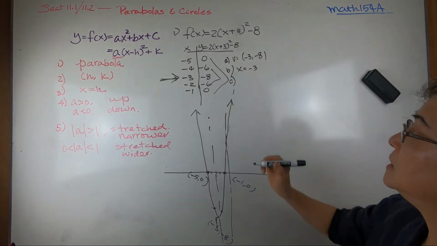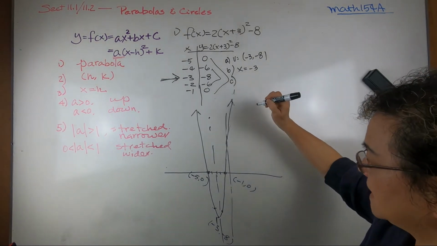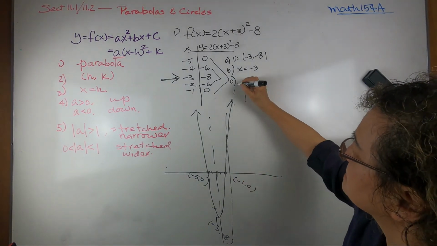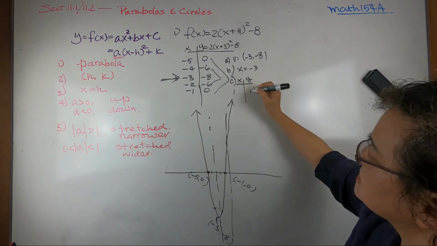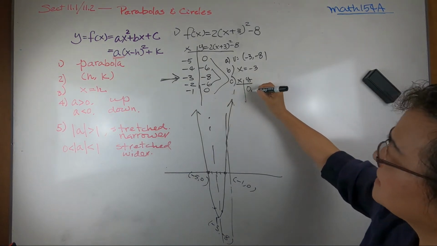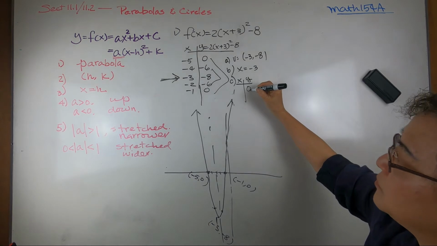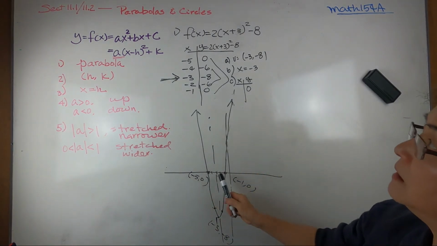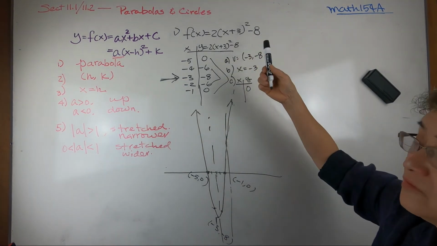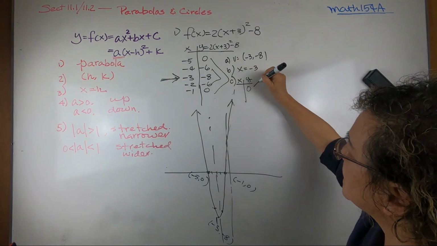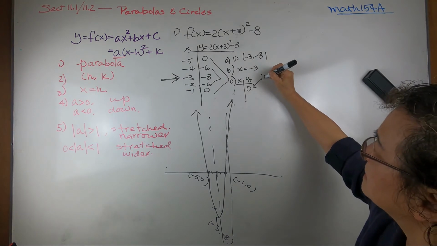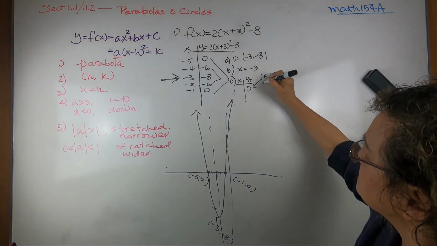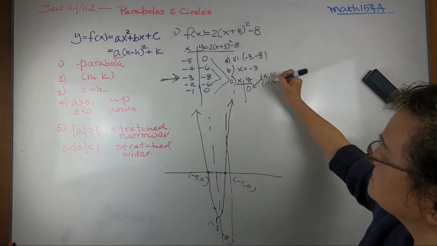Then if we have x and y intercepts, if you put y as 0, that would be your x-intercept. That would be these 2 points, right? Or you can solve it. It's the same thing. So your x-intercepts would be what? -5, 0, and -1, 0.